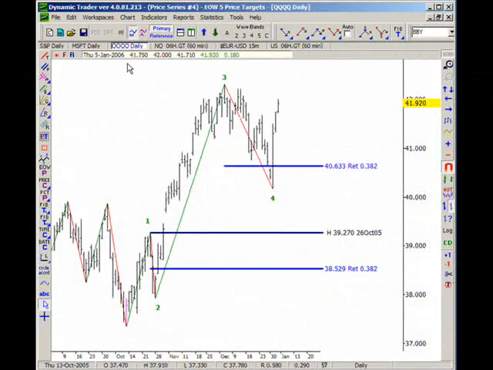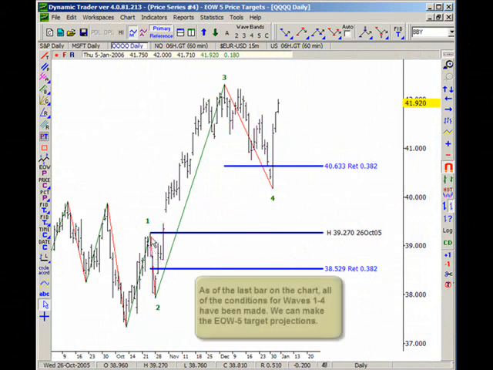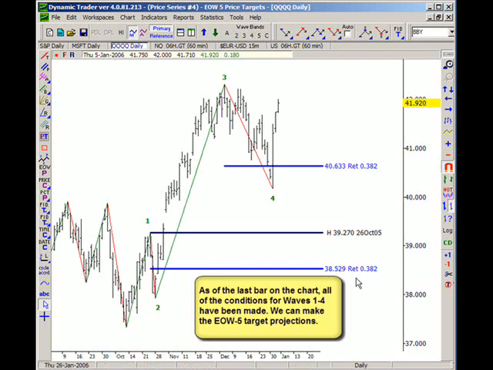Well, let's take a look at an ETF, the Triple Q. This is the Triple Q daily. And as of the last bar in the chart, we got a potential 1, 2, 3, 4. It's met all the conditions. This wave 2 correction was equal or greater than 38.2%.